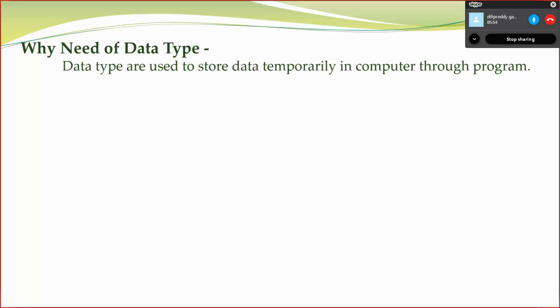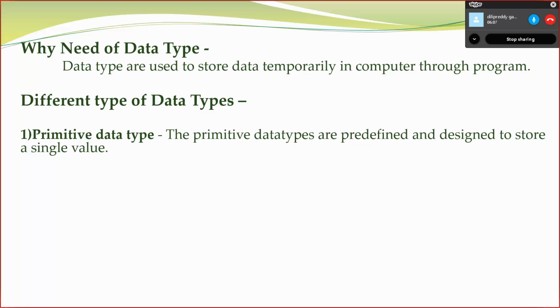Now we have different types of data types in the Java programming language. The first one is called primitive data types. Primitive data types are predefined and designed to store single values. Single values means, suppose I define int i equal to 10.